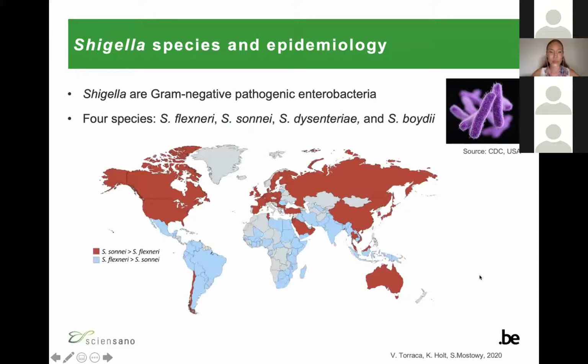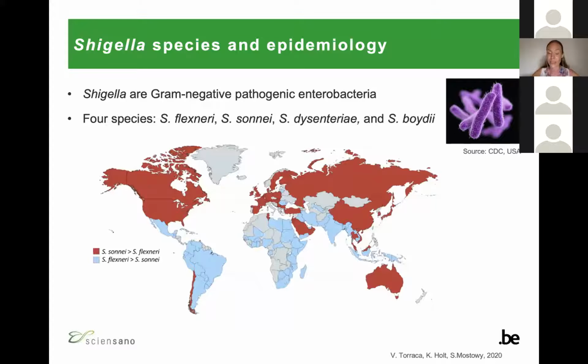So let me introduce Shigella to you. Shigella overall are gram-negative bacteria of the Enterobacteria group. There are 4 species known, Shigella flexneri and Shigella sonnei, which are the most common. And then we have also Shigella dysenteriae and Shigella boydii. In this map here, you can see the global distribution of Shigella sonnei in red and Shigella flexneri in blue.